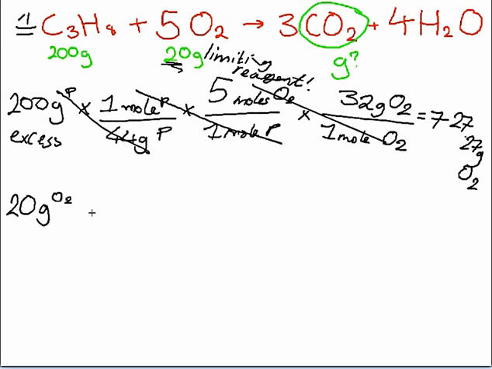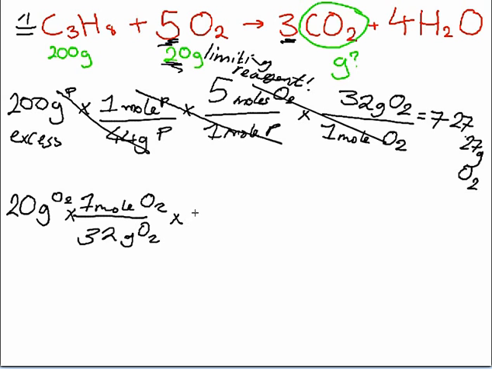We always need to convert it to moles because we can't do anything with grams, because the only connection we have between the oxygen and the CO2 is moles. So 1 mole of O2 is how many grams using the periodic table? It is 32 grams of O2.